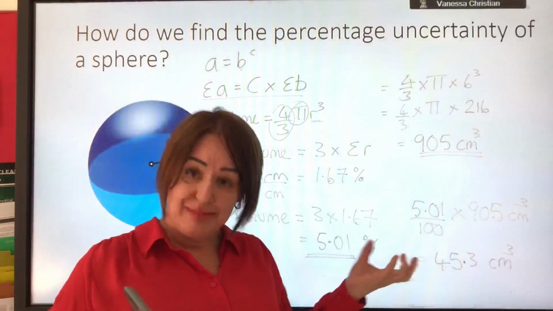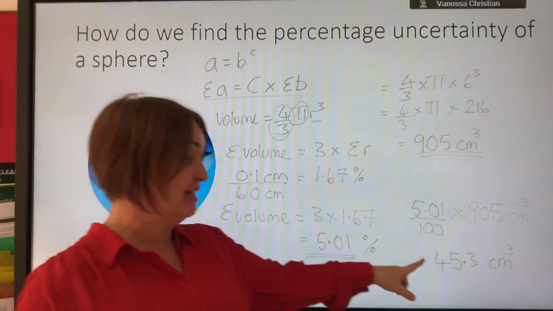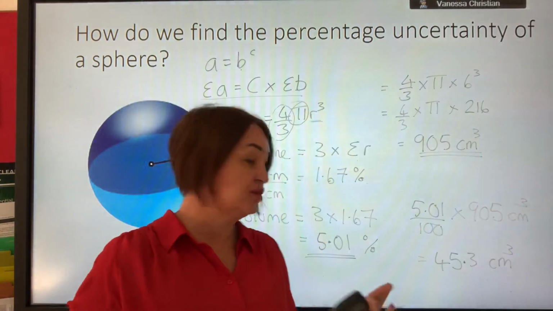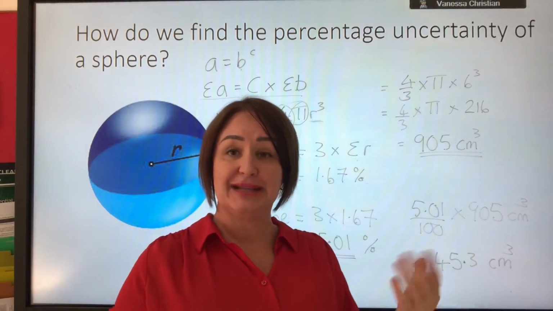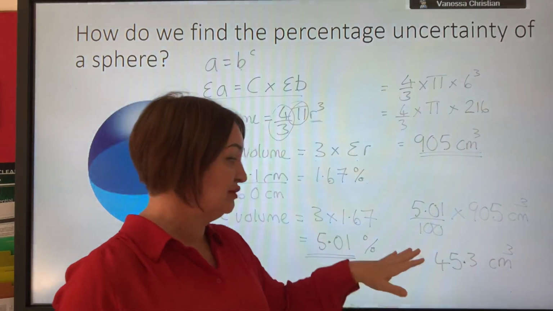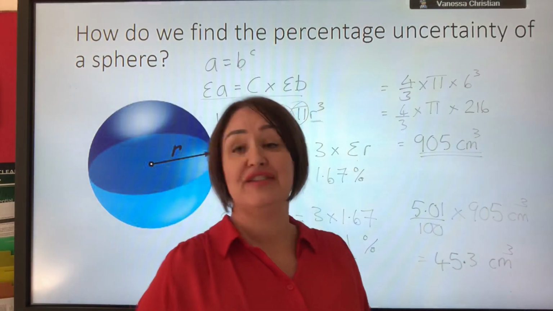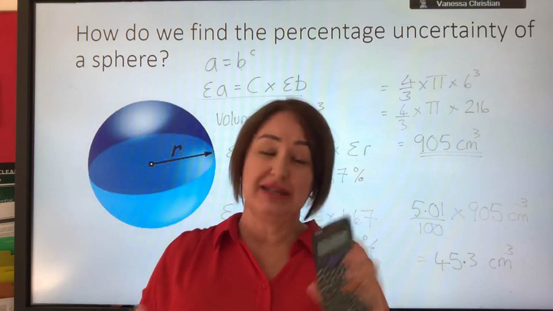And so our absolute uncertainty, our volume of uncertainty for that sphere is now 45.3 centimetres cubed. And of course, checking that backwards, we can see that it actually works, because 45.3 as a percentage of 905 is about 5.01.